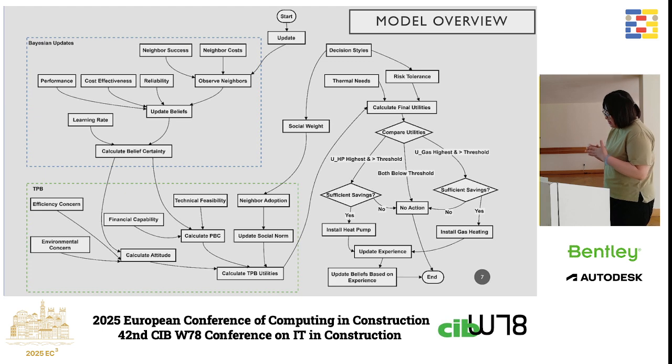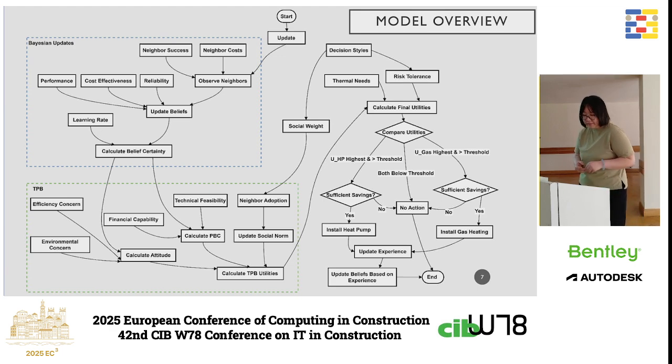Let me expand. This is the annual decision loop a household follows. First, they update their beliefs about heat pumps, district heating, and original gas based on new information from their own experience or their beliefs, which are presented in the blue frames.